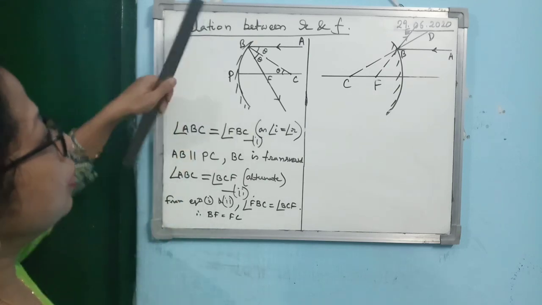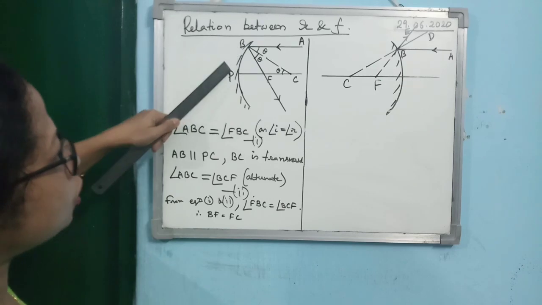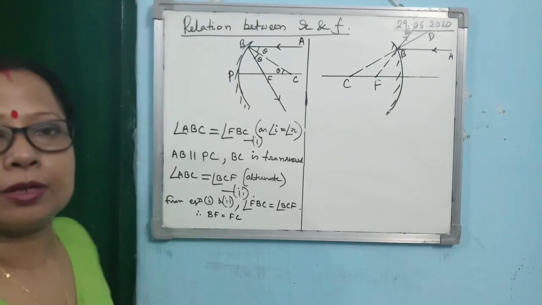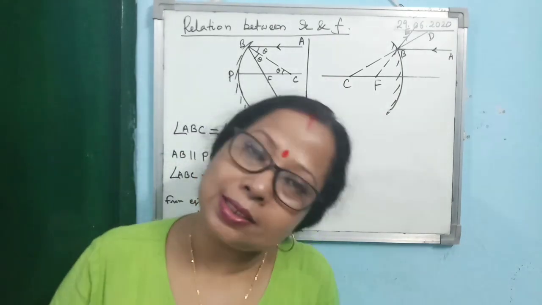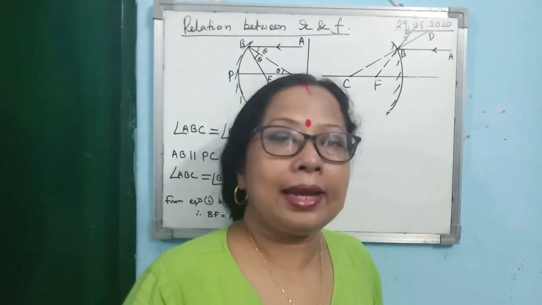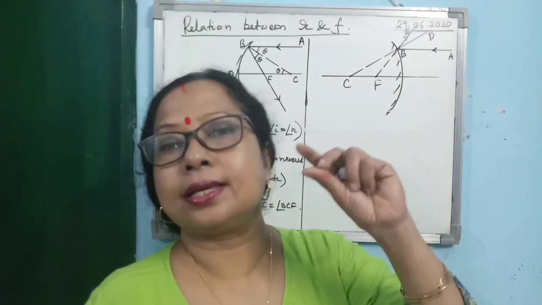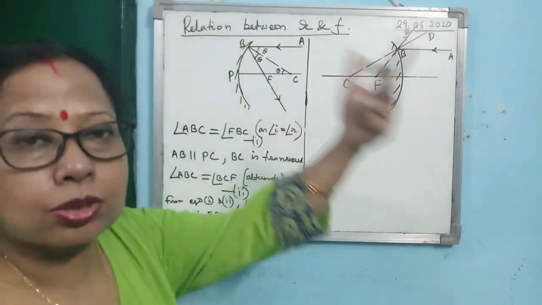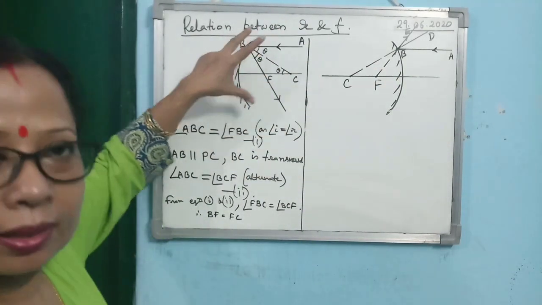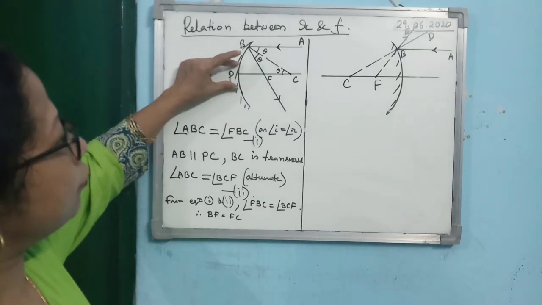Now, consider the point B to be very close to the point P. When we meet again in the school, I will show you the mirror. The mirror itself is very small in size. Here, when I draw the diagram and you are also drawing it, it is becoming big, isn't it? But the actual mirror is very small, the entire mirror is of this size.